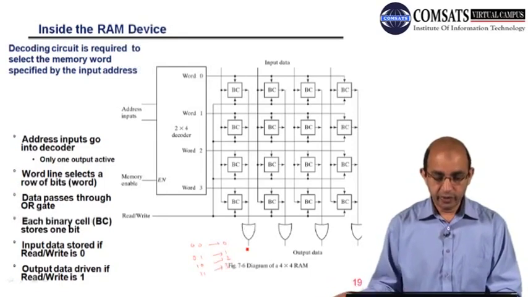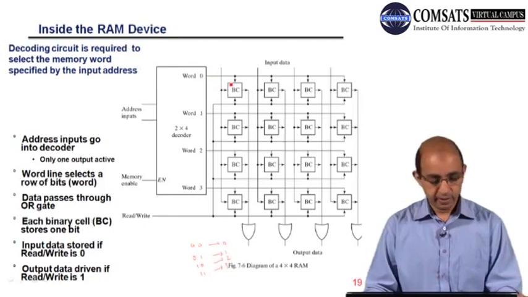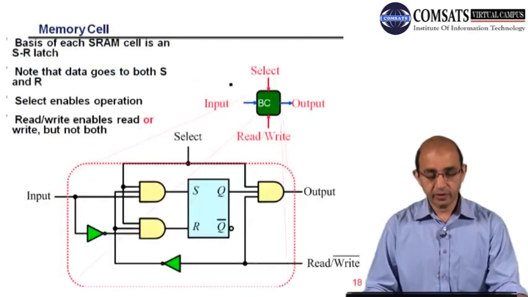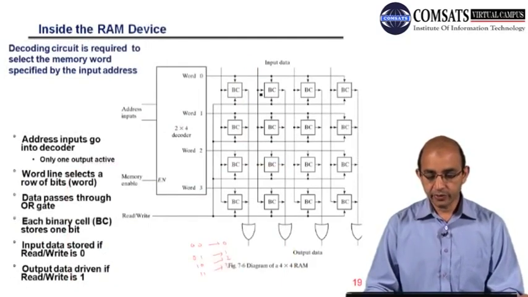So we have 4 words, numbered 0 1 2 3, and we have seen the design of the inside of the binary cell, right? Each word is of length 4 bits, because each binary cell can store 1 bit. And we have 4 different unique locations, so we need a 2x4 decoder.